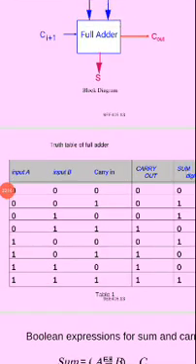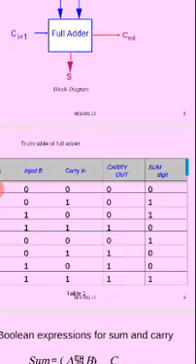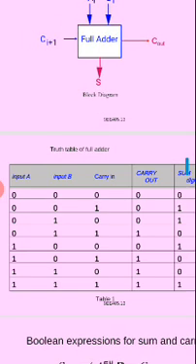For these combinations, for the 0 0 0 combination, carry 0, sum 0. For the 0 0 1 combination, carry 0, sum 1.